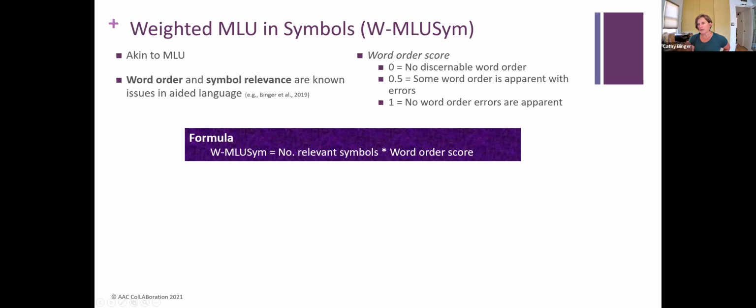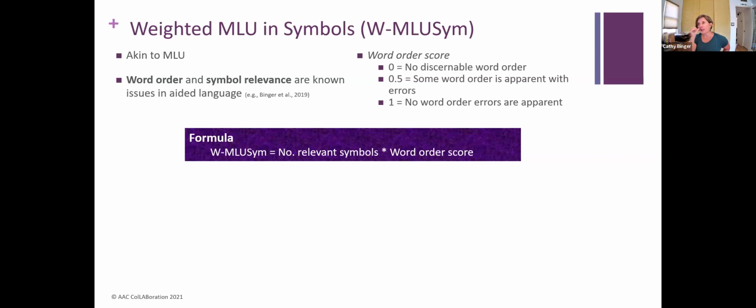Kids tend to make certain types of errors in their aided language productions. They're not totally predictable, but some patterns are predictable. We did a study a few years back, I think it was published in 2019, where we looked at different types of aided language utterances to see what kinds of errors and differences they had.